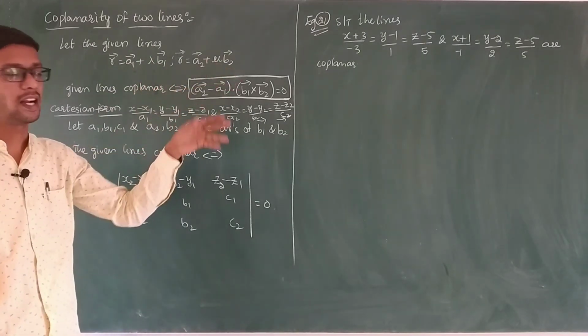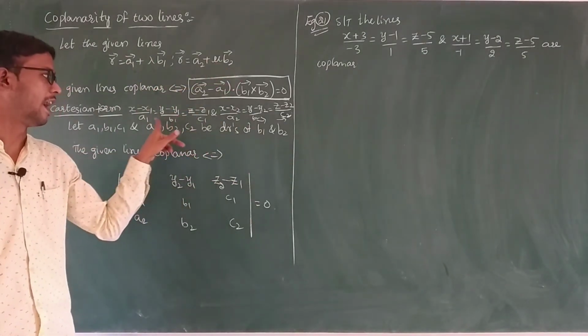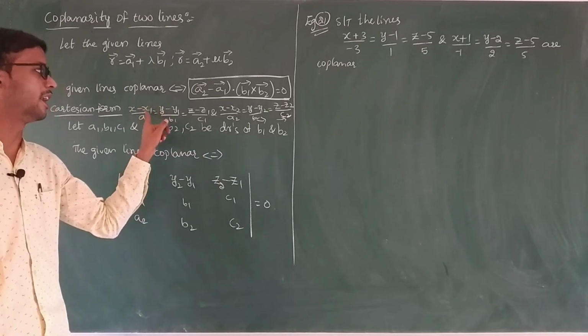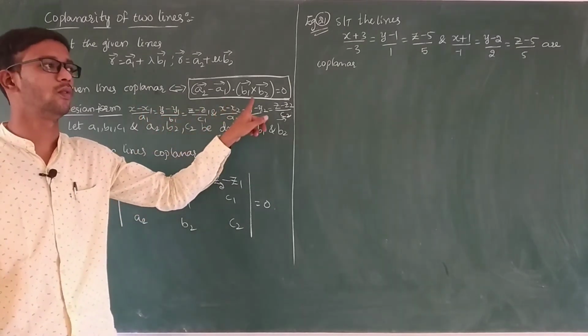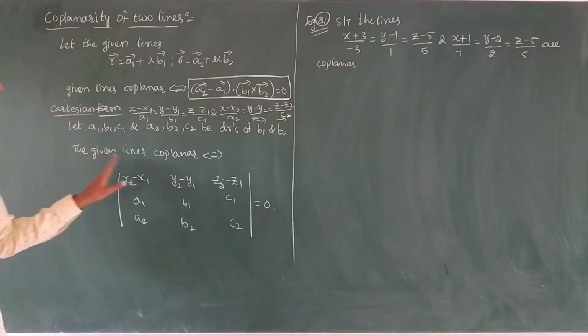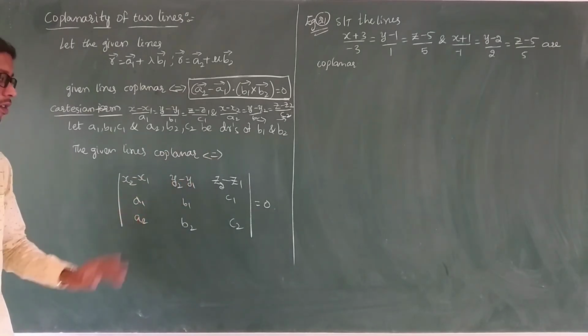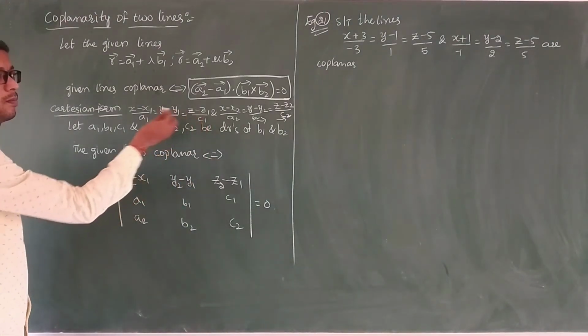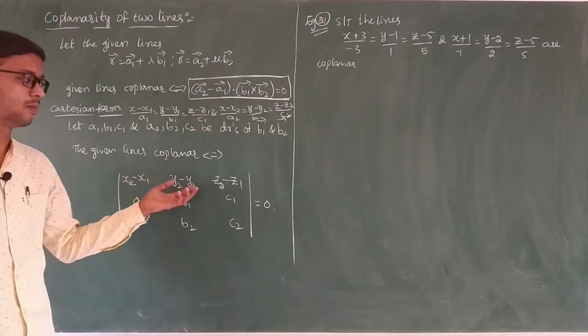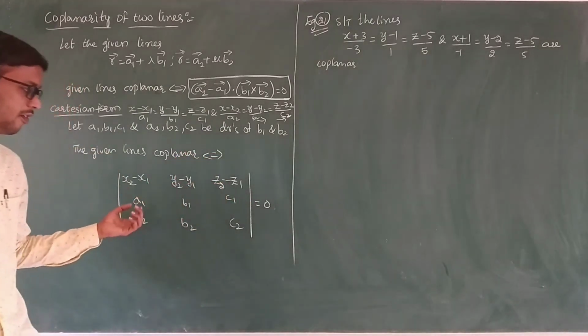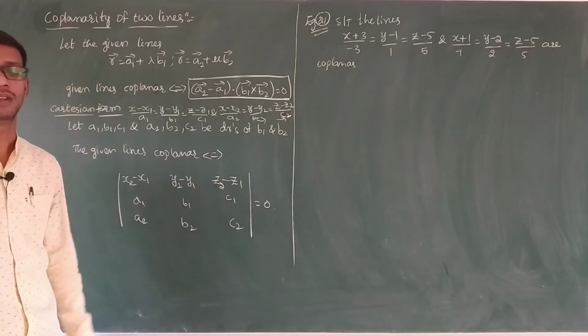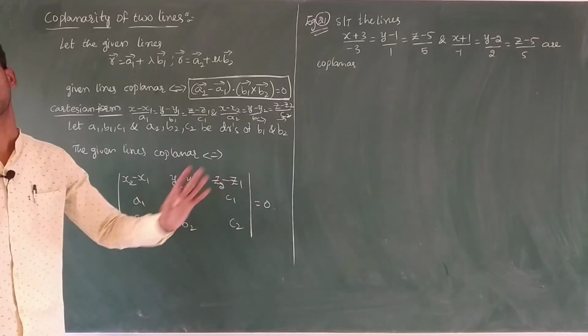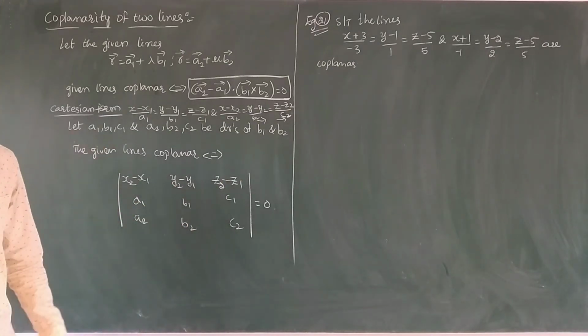Actually, no need; the direction ratios and the points x1, y1, z1, x2, y2, z2 are given. The given lines are coplanar if and only if the determinant of x2 minus x1, y2 minus y1, z2 minus z1, a1, b1, c1, a2, b2, c2 is equal to 0. Then the two lines are coplanar.